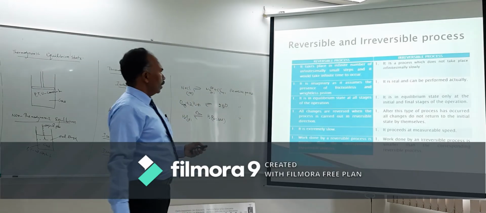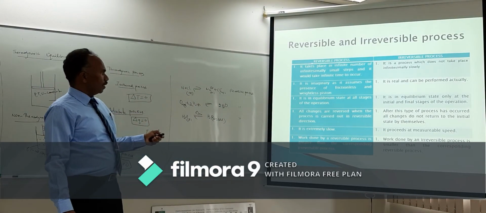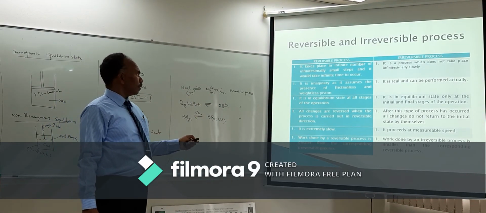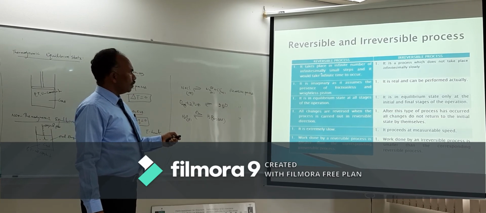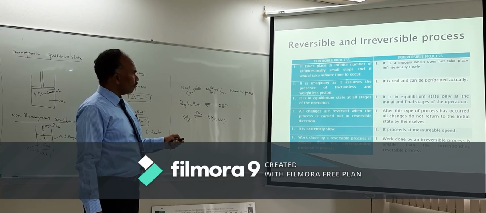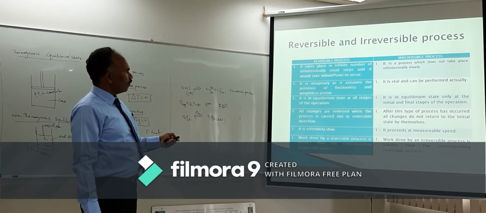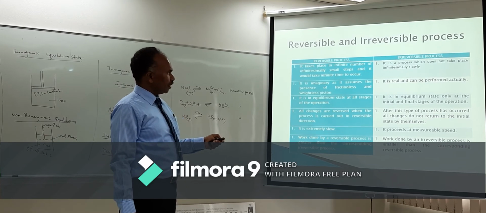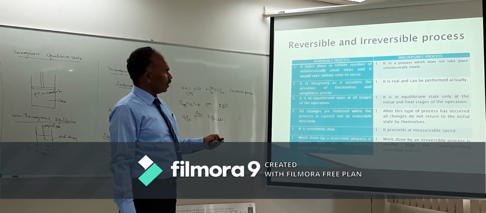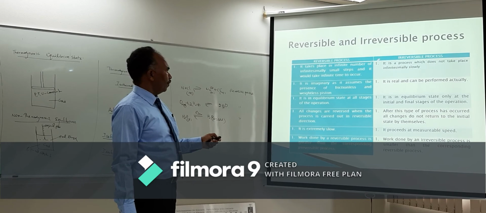Now, the differences between reversible and irreversible processes. A reversible process takes place in an infinite number of infinitesimally small steps, and it would take infinite time to occur. An irreversible process does not take place infinitesimally slowly.